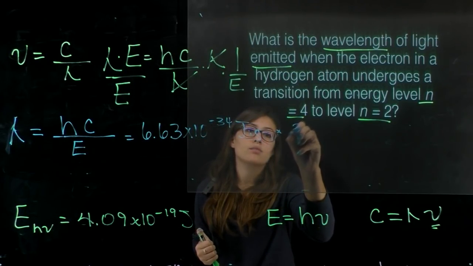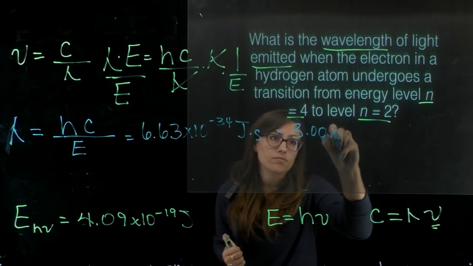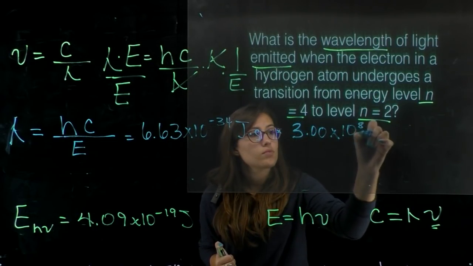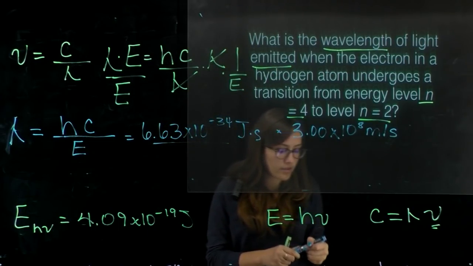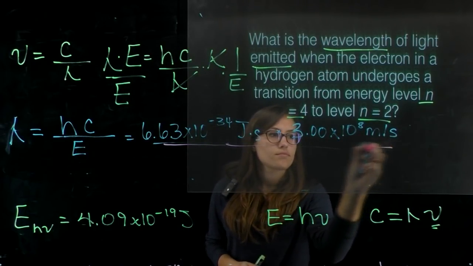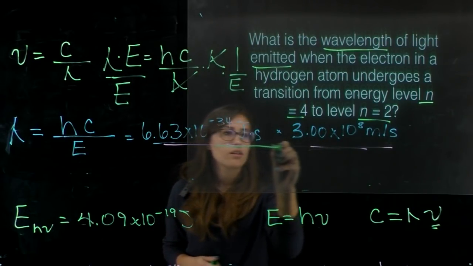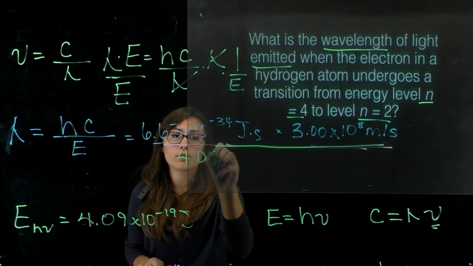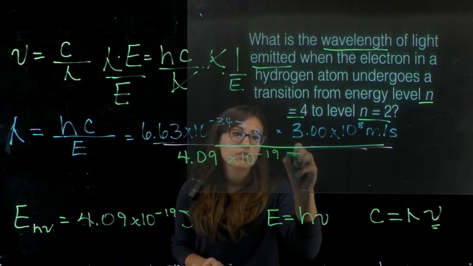We multiply by the speed of light constant, in meters per second, divided by our energy, which we calculated to be 4.09 times 10 to the minus 19th joules. Hopefully you guys can see that. Sorry about that.